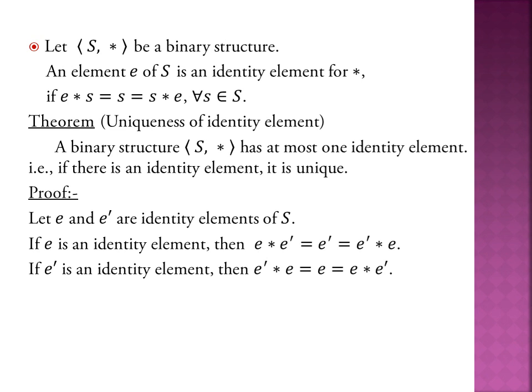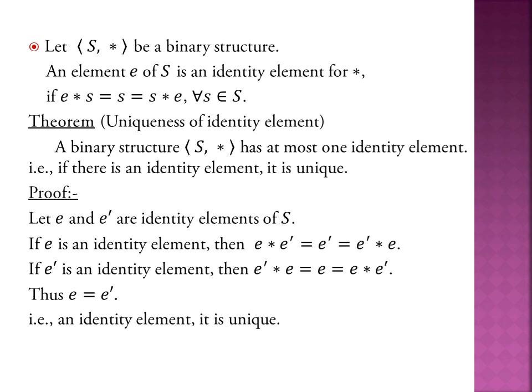Suppose that e and e dash are two identity elements of S. If e is an identity element, then e star e dash equals e dash, which is equal to e dash star e.